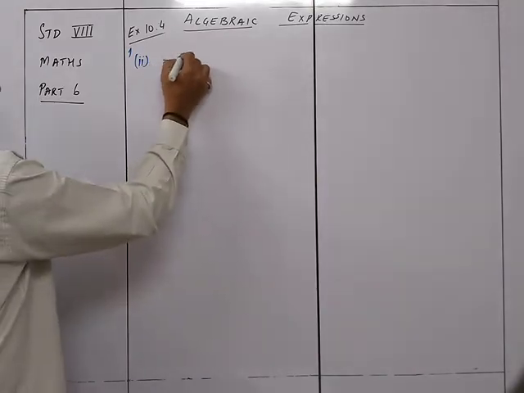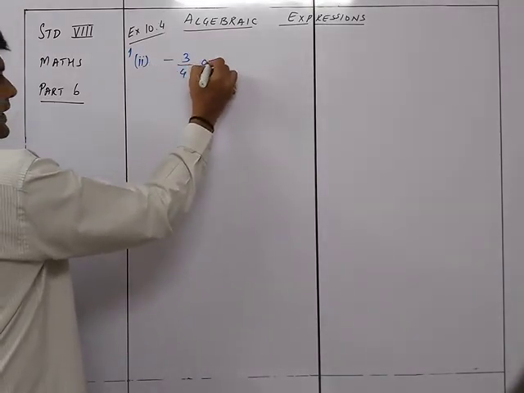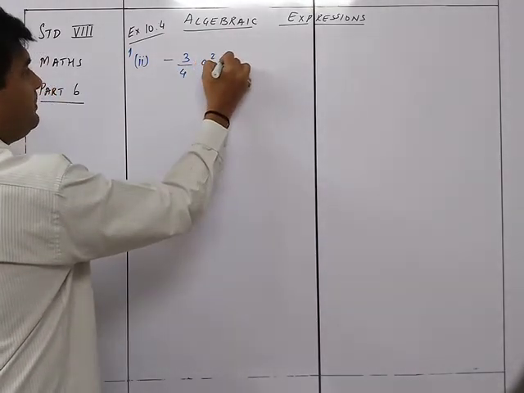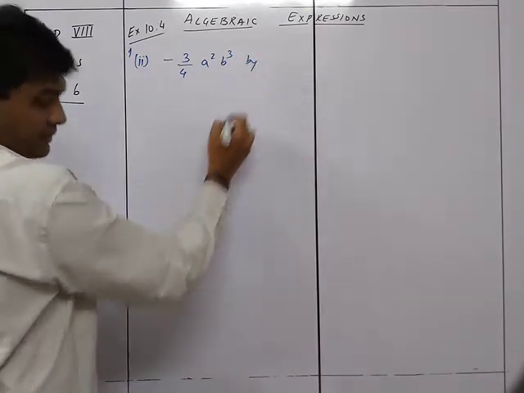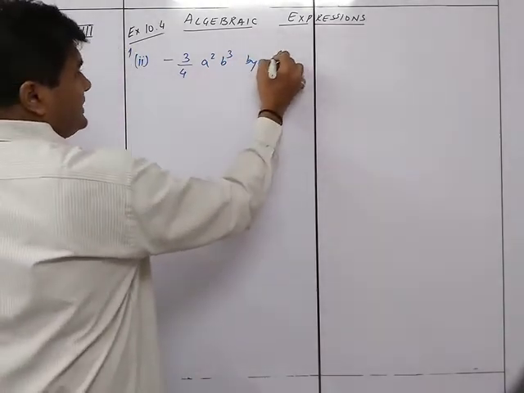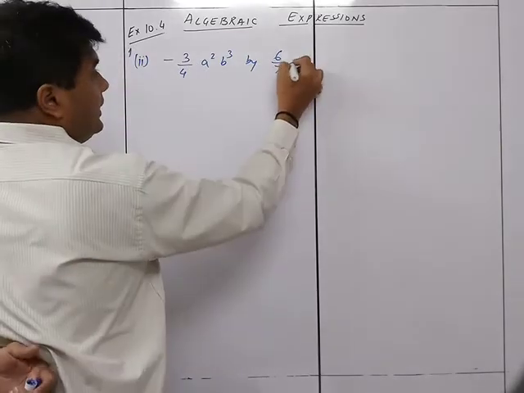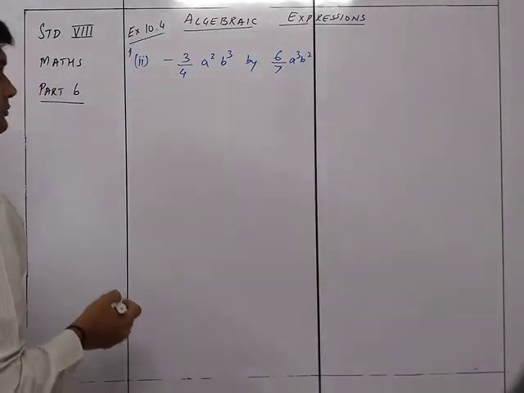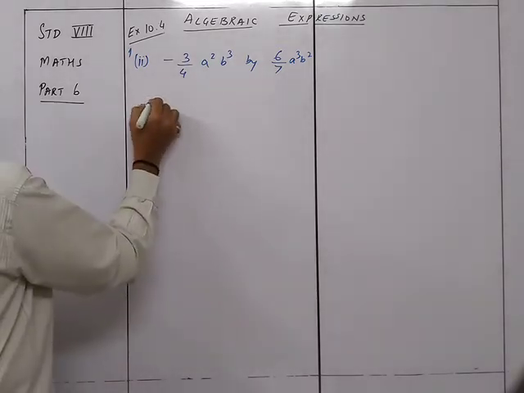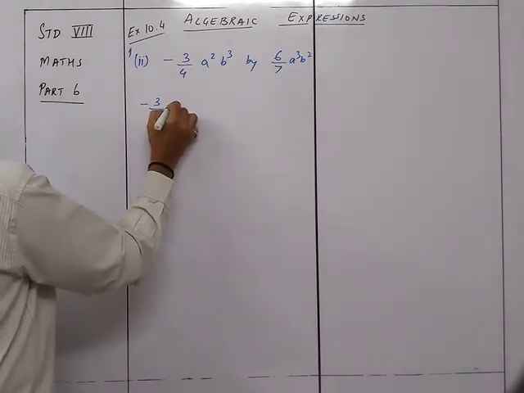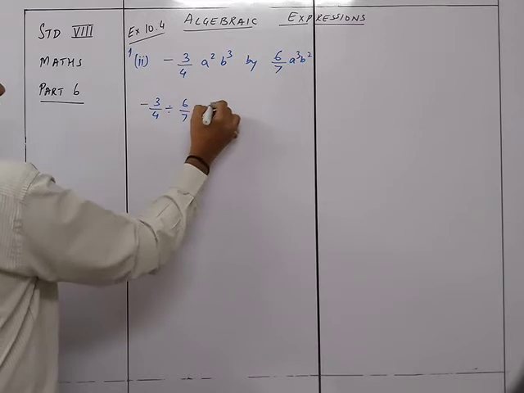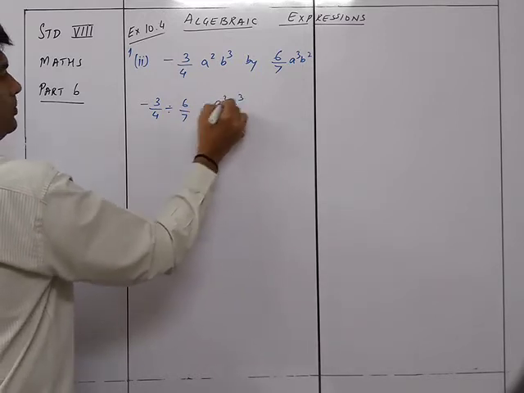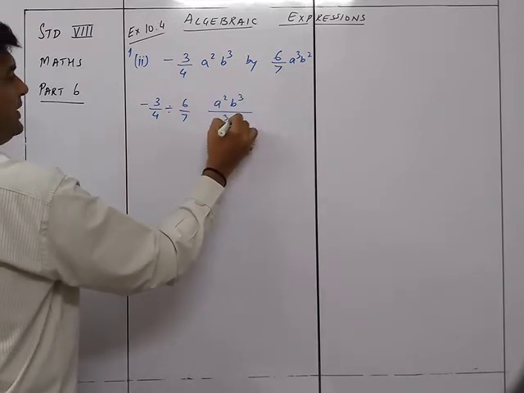It is minus 3 upon 4 a square b cube divided by 6 upon 7 a cube b square. So it is minus 3 upon 4 divided by 6 upon 7, and a square b cube upon a cube b square.